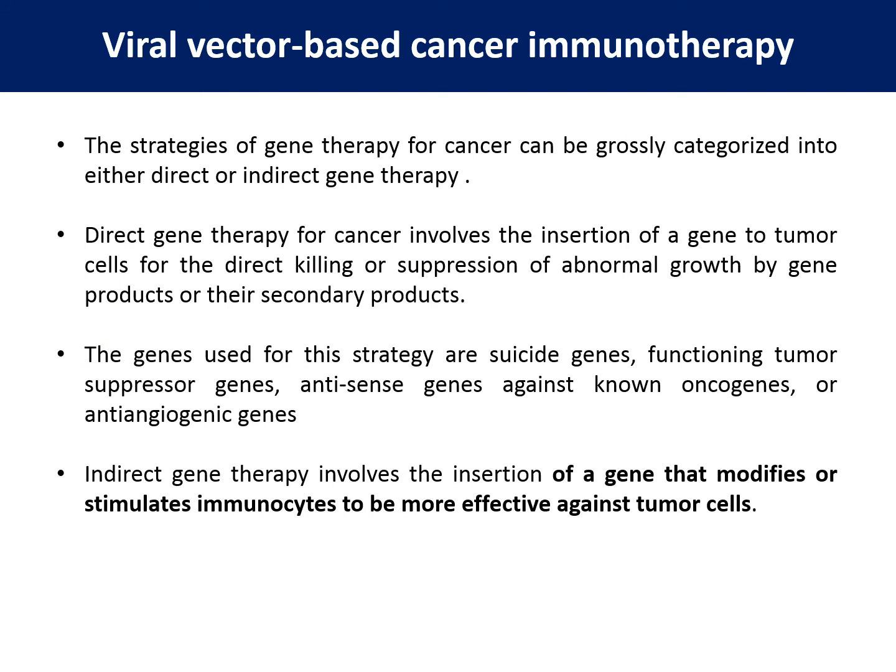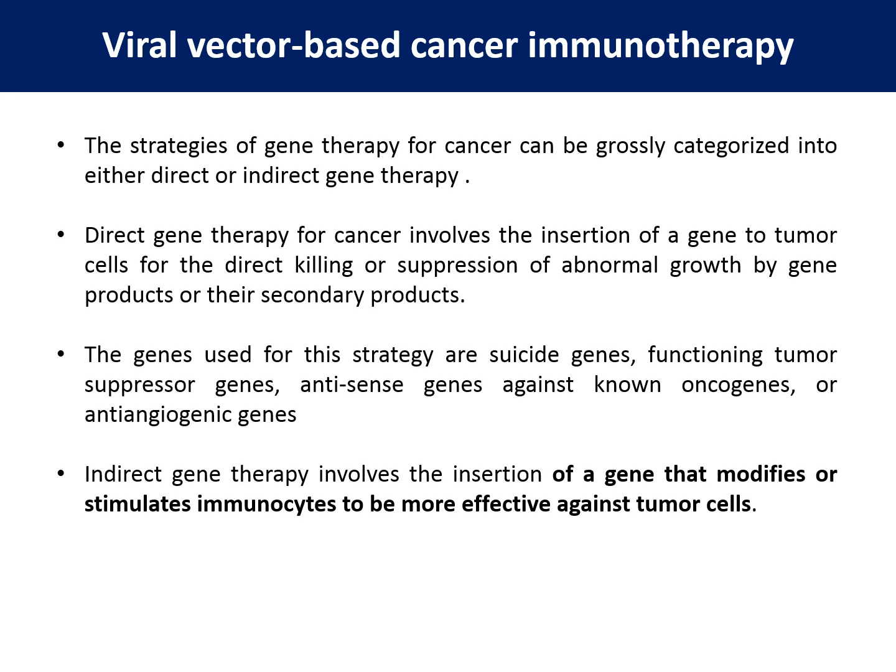Next, we will see how we can use viral vectors for cancer immunotherapy, and it can be categorized into two: direct or indirect gene therapy for cancer. Direct gene therapy involves the insertion of a gene into tumor cells for direct killing or by suppressing abnormal growth by gene products.